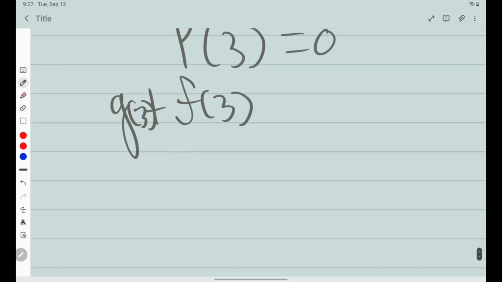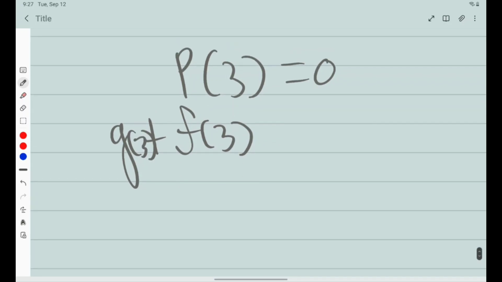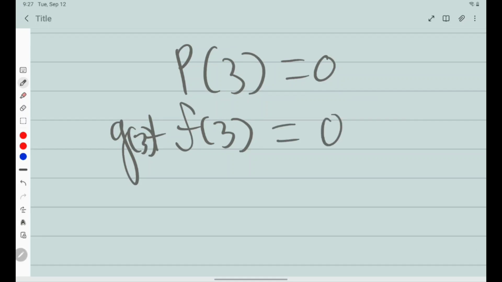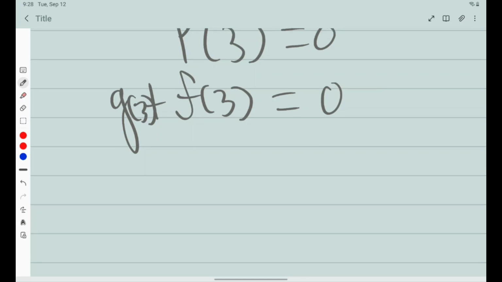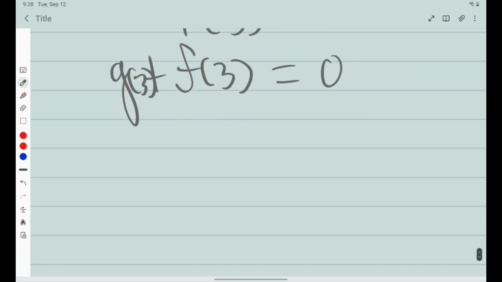Well, we know that g of 3 equals 0 by definition, and we know that f of 3 equals 0 by definition. And so if we take some composite polynomial made up of two other polynomials, it's also going to be equal to 0. There's no way around that. So it meets our second condition.